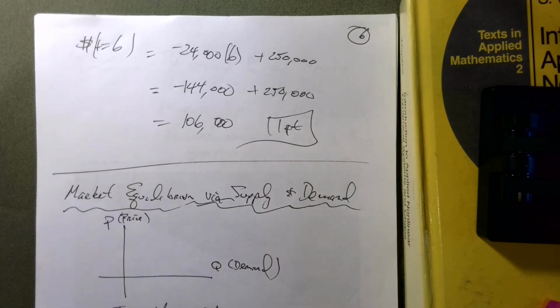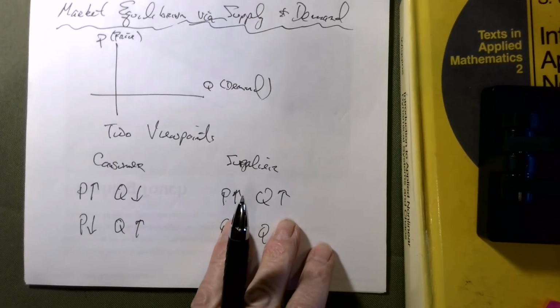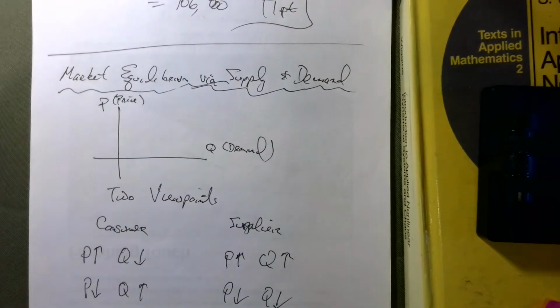Okay. And the last thing I want to talk about here is the market equilibrium, supply and demand. And this is really in preparation for when you take economics courses, because this is going to be a big one.